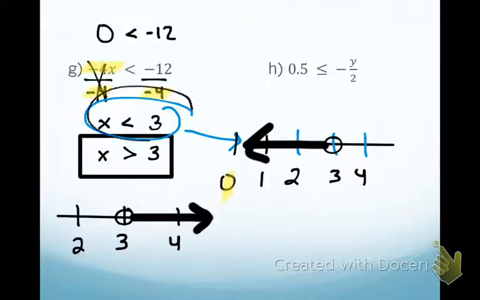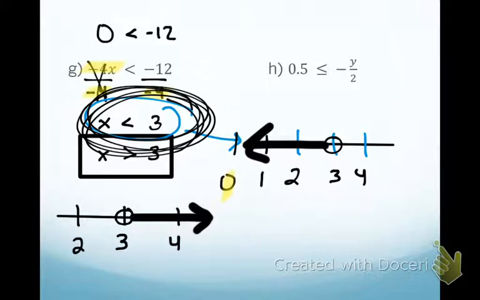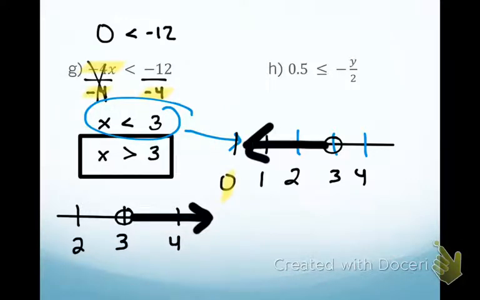So notice if we had gone with this without flipping the symbol, it would have not been a correct graph, okay? But instead, if I were to plug in these ones going in this direction, it would have worked out, okay? So the main idea here is just remember, whenever the last thing you do is divide by a negative number on both sides, you must flip the symbol.